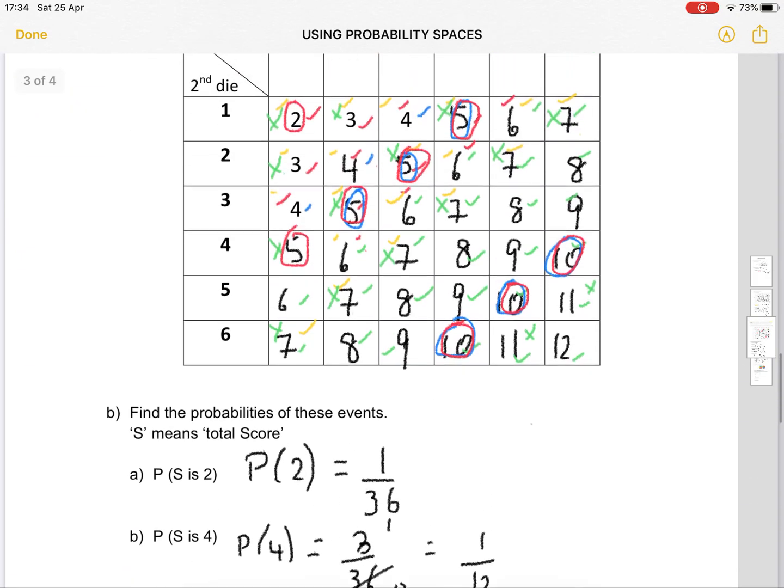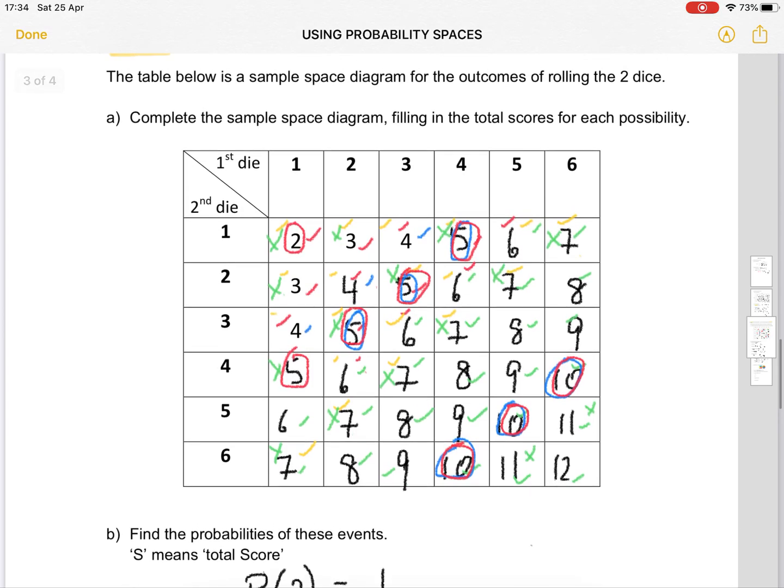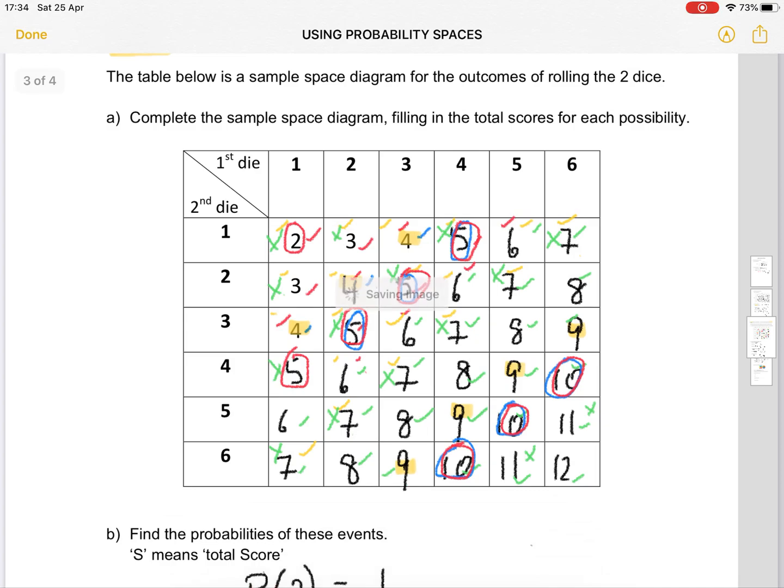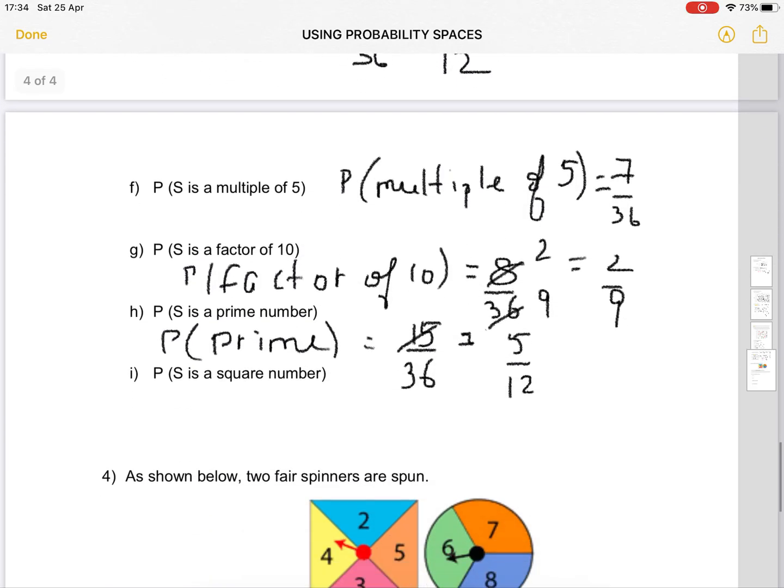Probability S is a square number. All the square numbers that we have here are the 4 and the 9. Let's mark them with a highlighter now. The 4s, 1, 2, 3, and the 9s, 4, 5, 6, 7. 7 on 36 then.